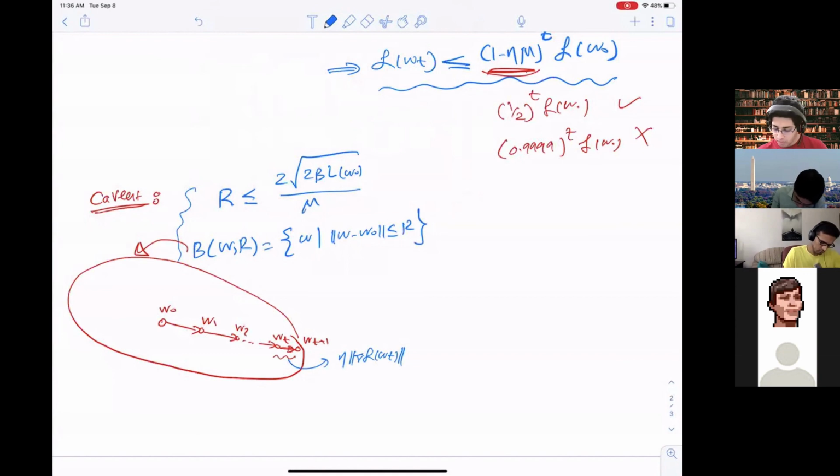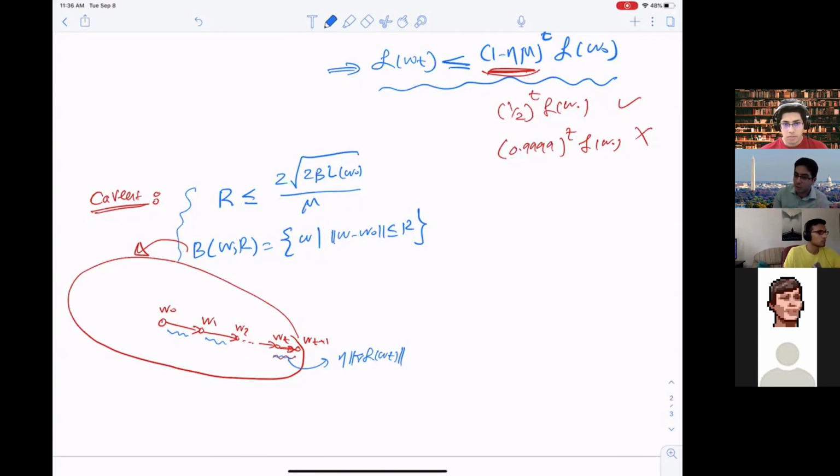All right, so in order to say I'm going to remain in this ball, I need to sum up the lengths of all of these step vectors. So here I have eta times the gradient at 0, eta times the gradient at 1, and eta times the gradient at WT, and so on, in the limit to infinity. I need to sum them up and show that if my R is a number like this, I'm going to remain in this ball.